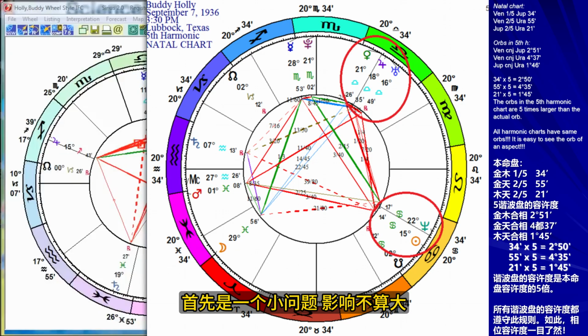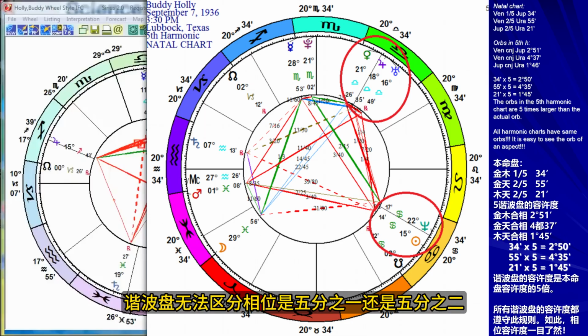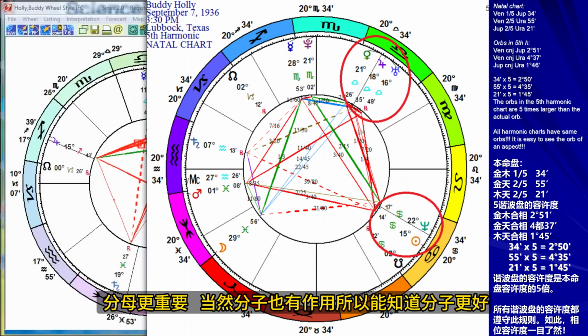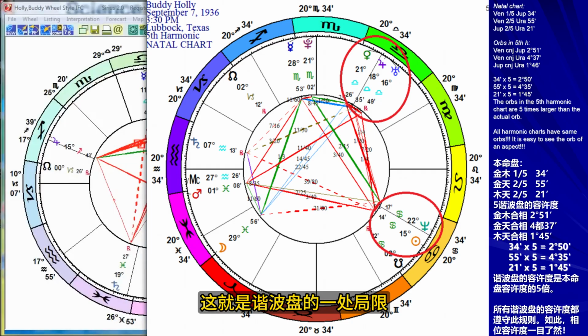One thing, this is not a big wrinkle, but it's a concern, and then there's a bigger concern, is that we don't know if it's 1/5 or 2/5, right? It's taken the 1/5 and 2/5, put them all together. Well, that's not critically important because the numerator is not as important as the denominator. But the numerator is not completely unimportant, so it would be nice to know what the numerator is. That's one problem with harmonic charts.